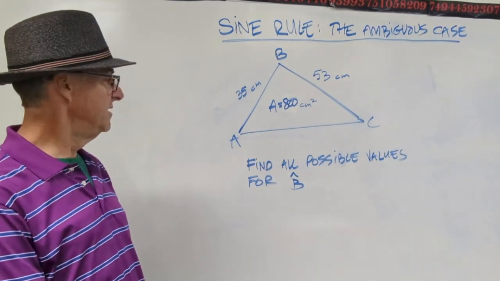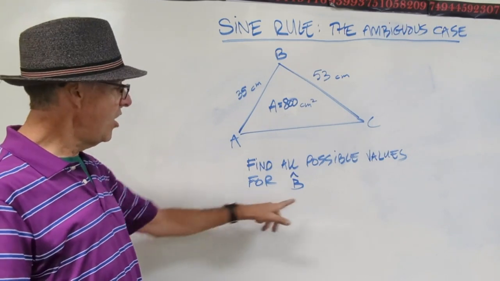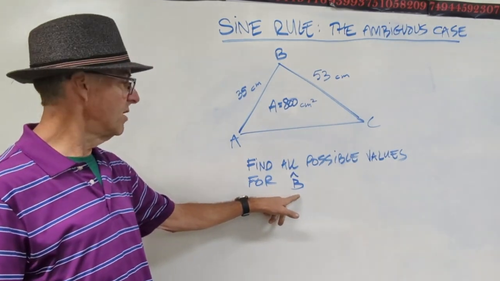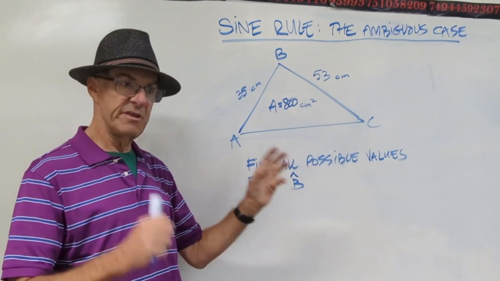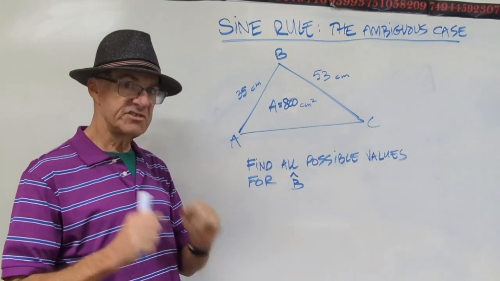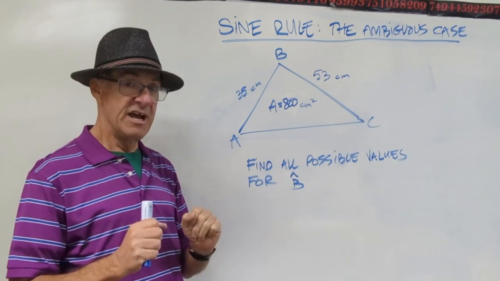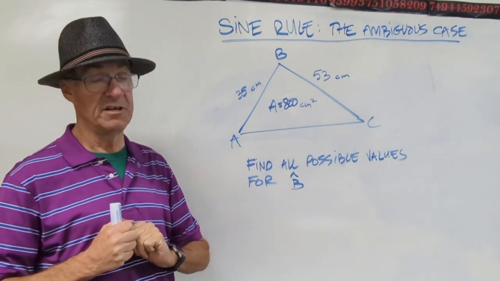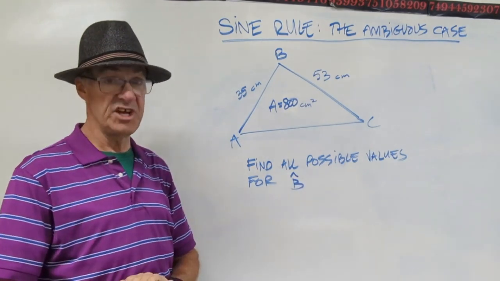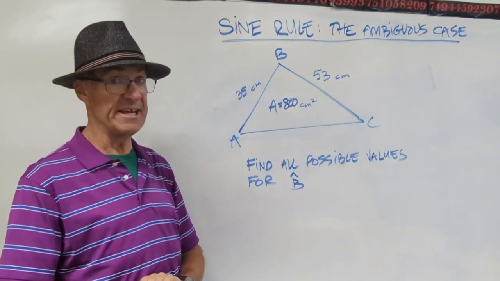So let's do that. Find all the possible angles for B. Right here in the prompt, you should be thinking, okay, I'm going to solve this, get an answer, and then I'm going to need to think about whether that's the only possible answer. And that prompt is suggesting that maybe there's more than one answer.